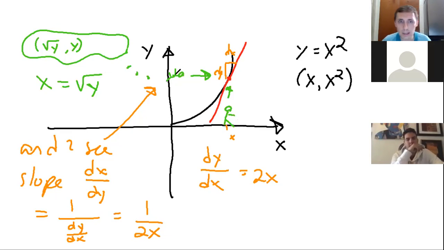For this green astronaut on the y-axis, his horizontal position is y. So then this thing is simply 1 over 2 root y. You understand? I now found the derivative for the radical. It's 1 over 2 root y. Do you see the relationship? They are the same thing essentially. Yes?